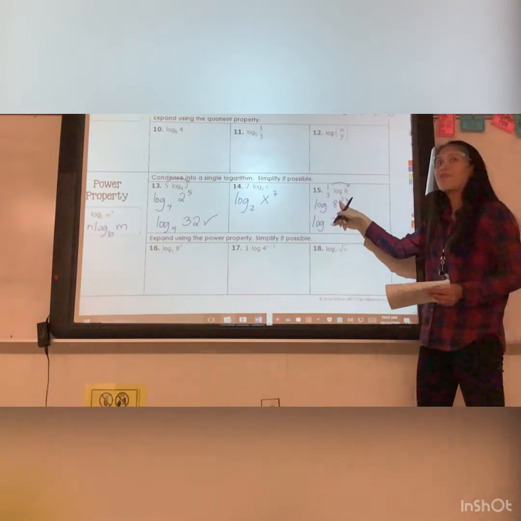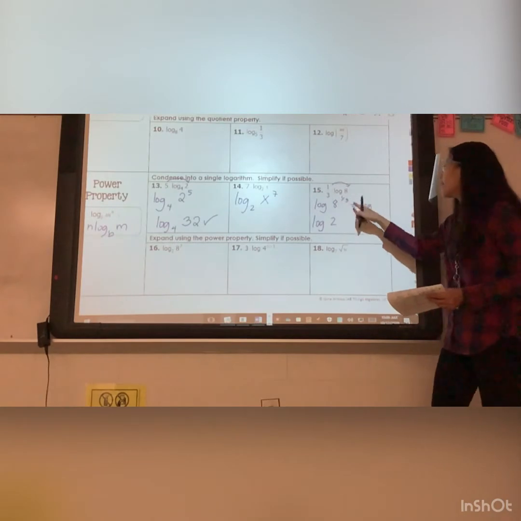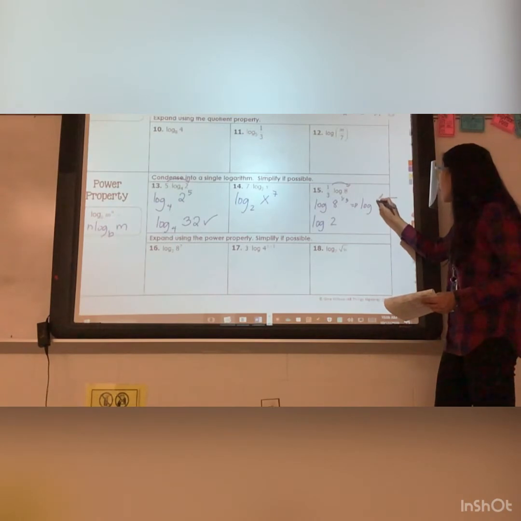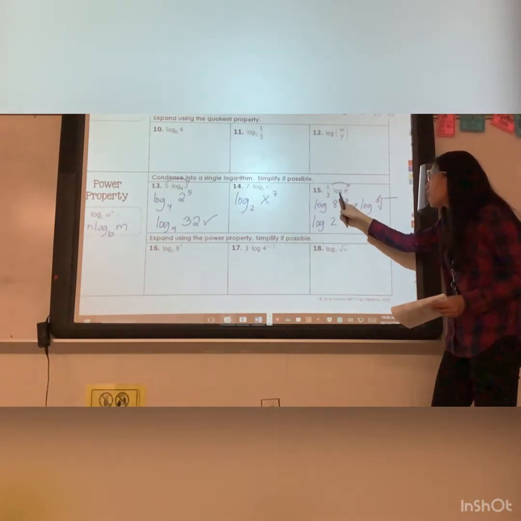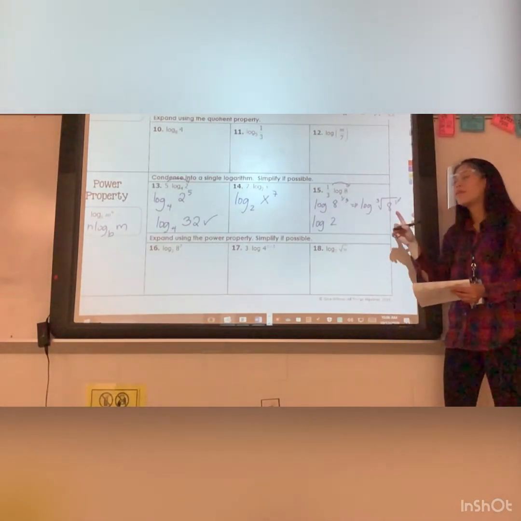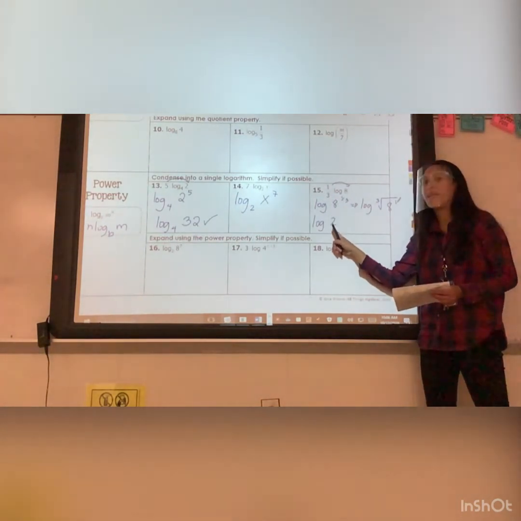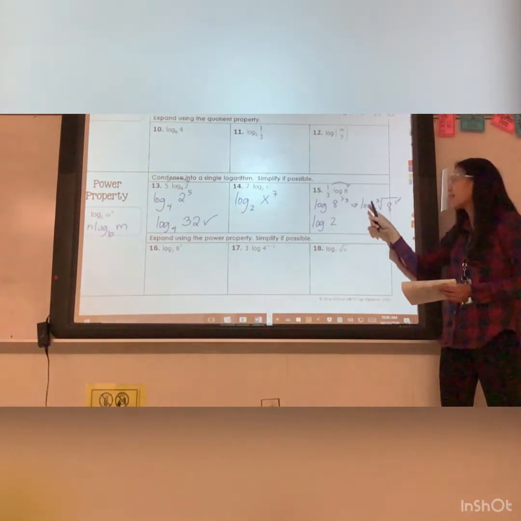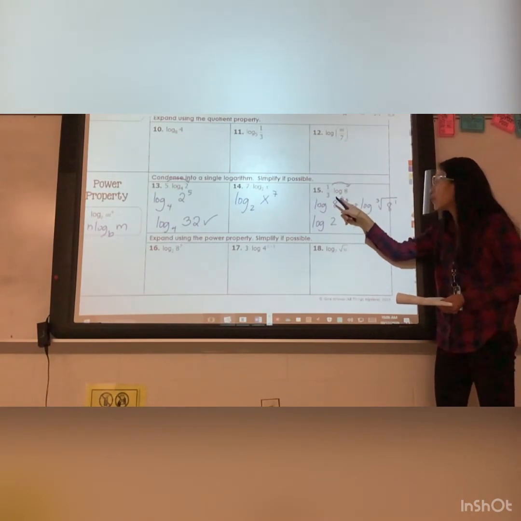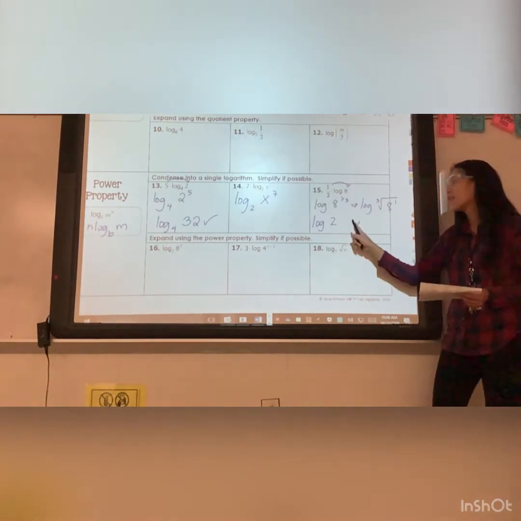So if it's a fractional exponent, this is how you write it: log, and then the denominator will be the root of your radical sign. It will be written here, and then the numerator will be the exponent of your radicand. Or you can put it in your calculator as it is like this, so you will get 2. But in the radical form, again, the denominator is the root of your radical sign and the numerator is the exponent of your radicand inside. So again, your final answer is this.